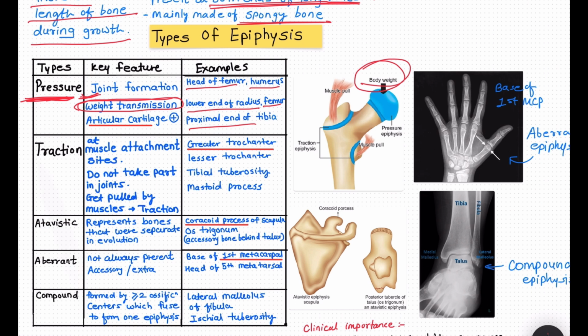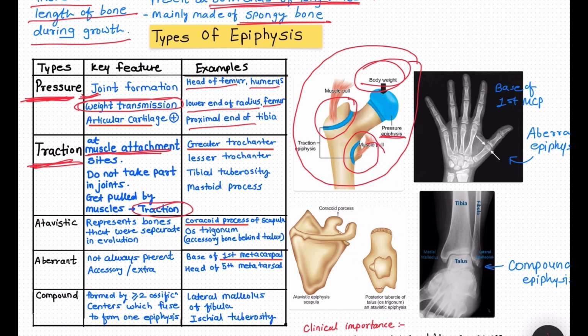Then the next one is traction epiphysis. It is present at the site of muscle attachment, and they do not take part in joints. So traction epiphyses are not present at the joints, but they get pulled by muscles and therefore create a traction. You can understand this is a femur, and at the end of the femur there is pressure epiphysis, and where the greater trochanter and lesser trochanter are, muscles are attached.